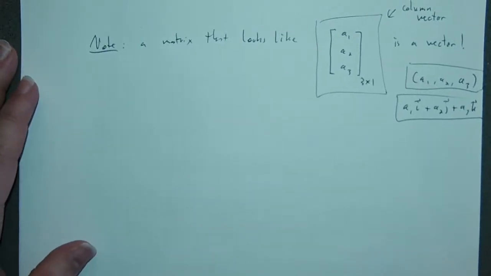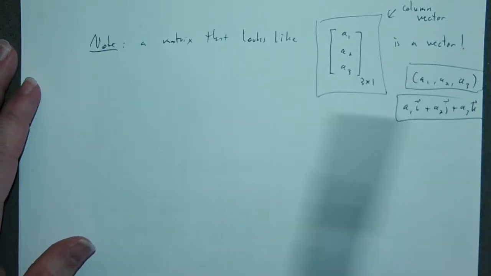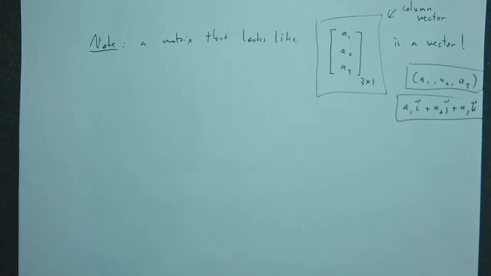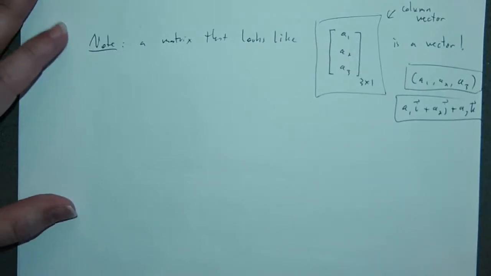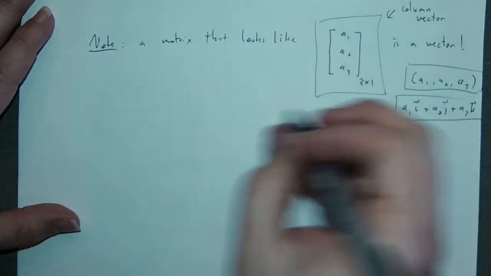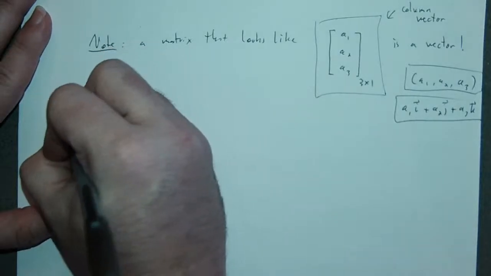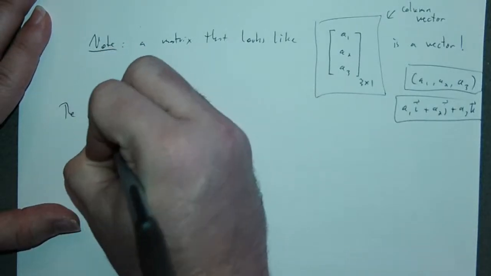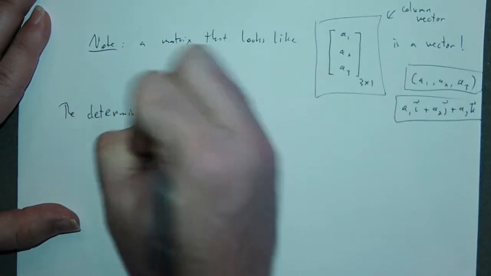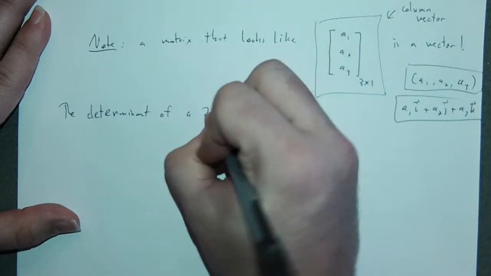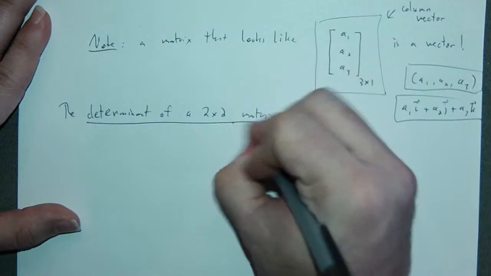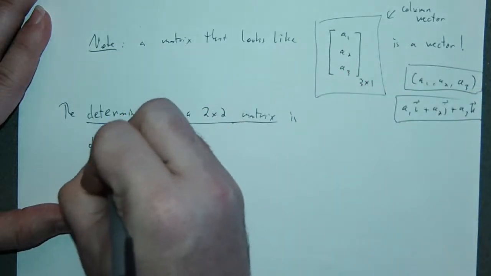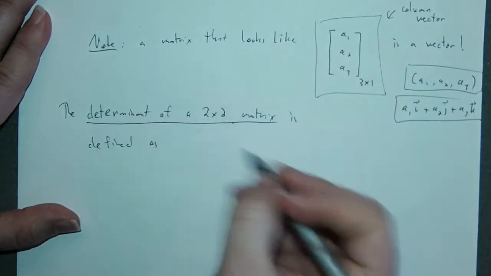So a matrix that looks like this is a vector. So you have some experience with these, like I said, whether you know it or not. Now, I've talked about determinants. A determinant of a 1 by 1 is nothing. So just forget about it. Then we talk about the determinant of a 2 by 2 matrix, which is defined as the following.